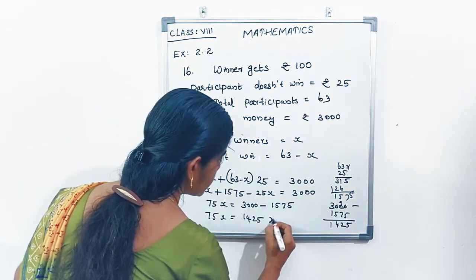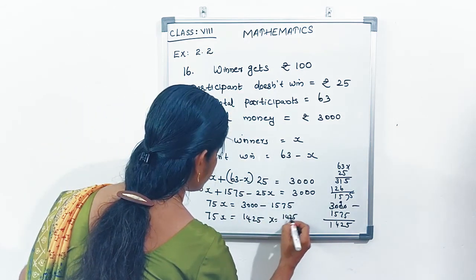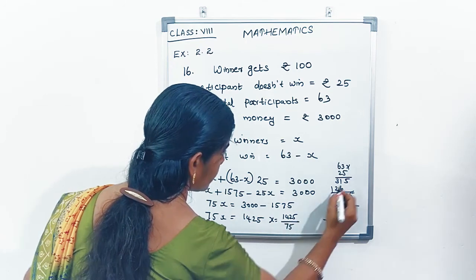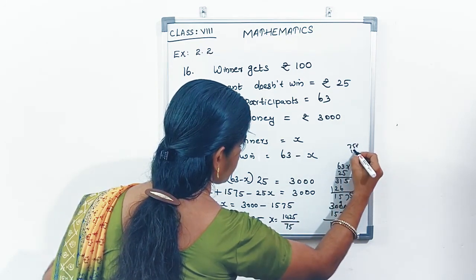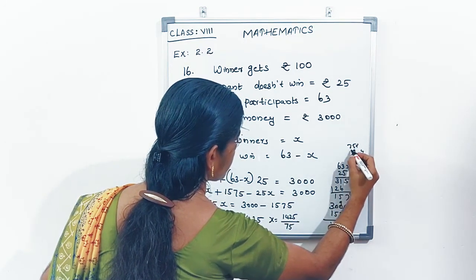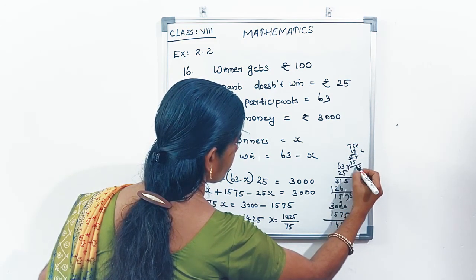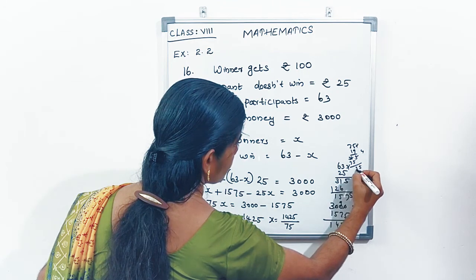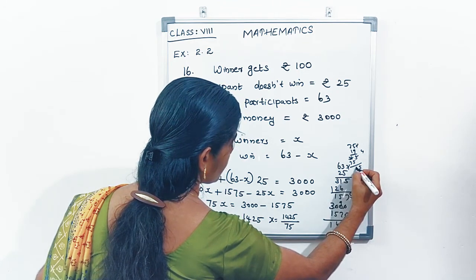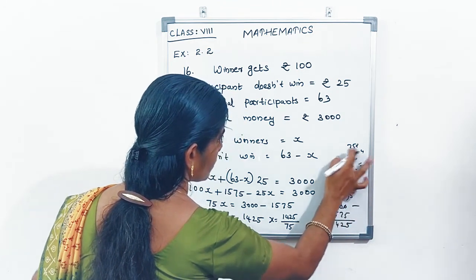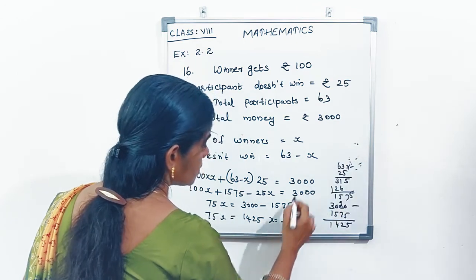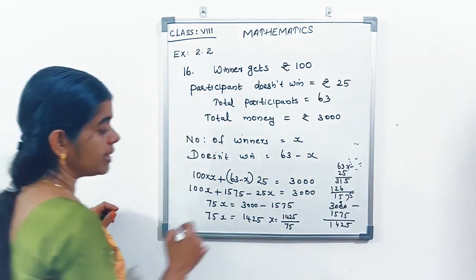Therefore, x is equal to 1425 divided by 75.